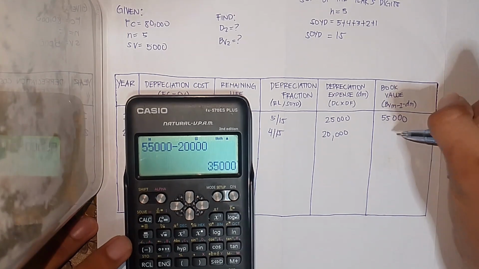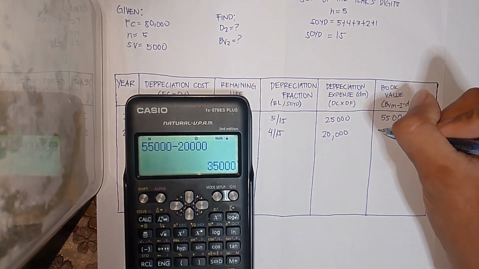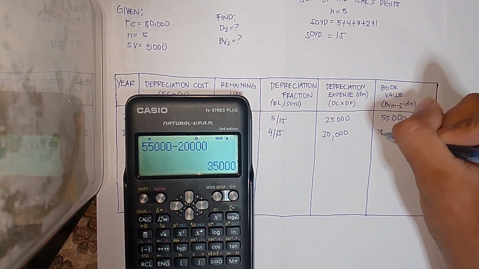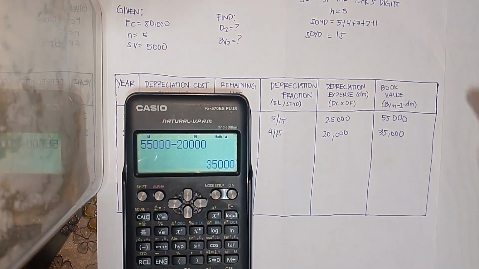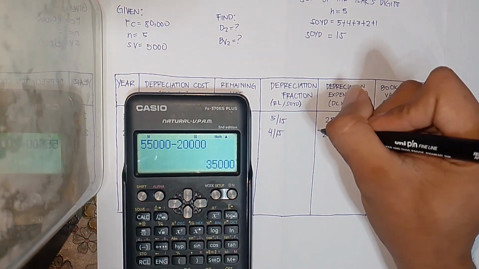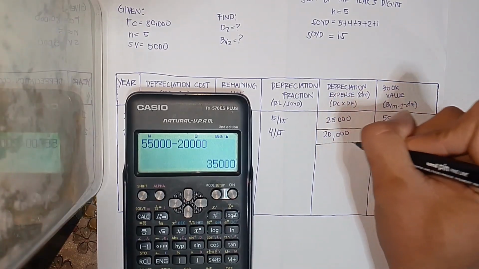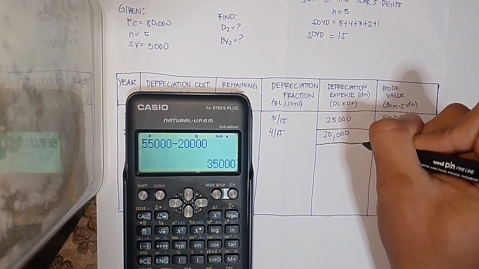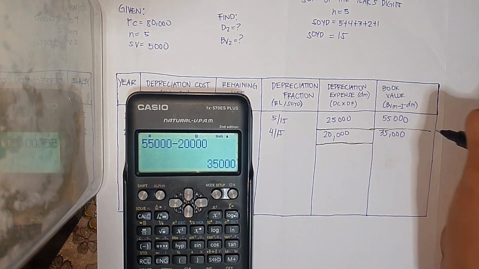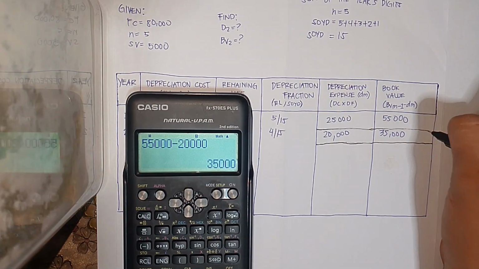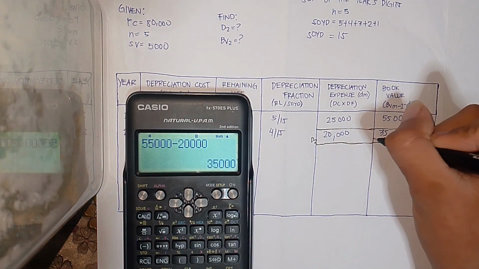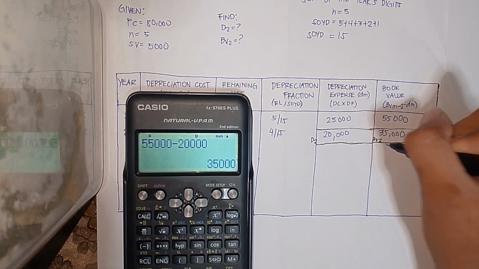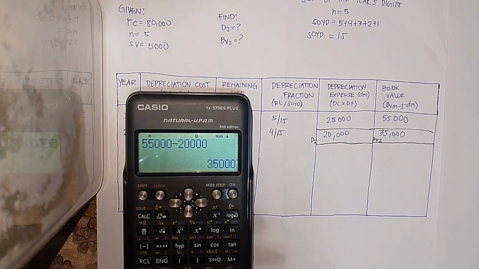So our book value for year 2 is 35,000. So this is our final answer: our D2 and book value at the end of the second year.